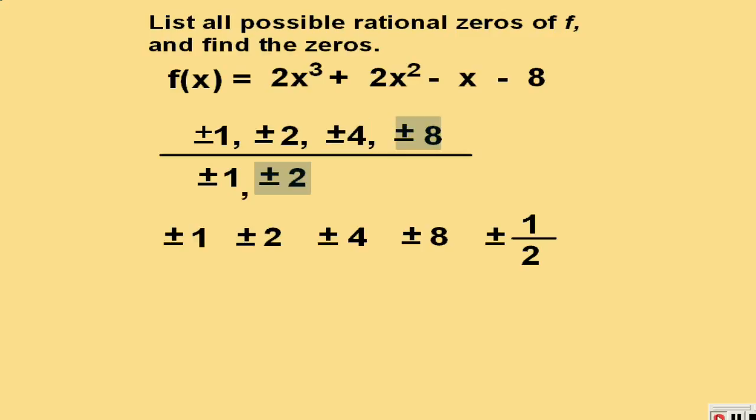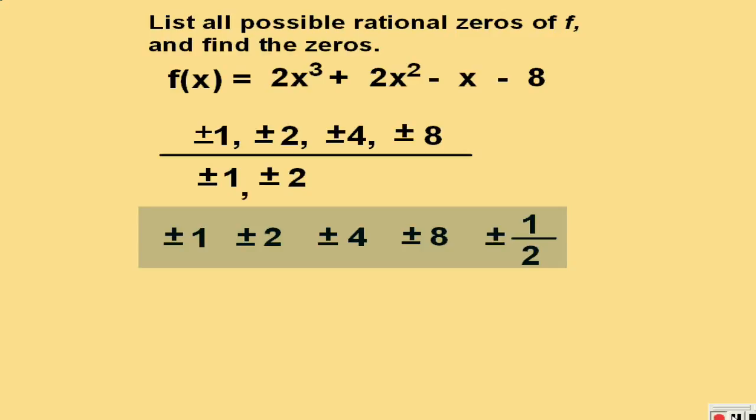Again, we don't have to write another 2. And finally, 8 over 2, which is 4. And again, we already have a 4. So now we have 10 possible rational roots, all of these. So if this equation has any rational roots, it will come out of these 10.